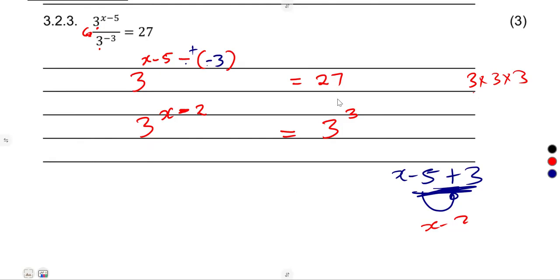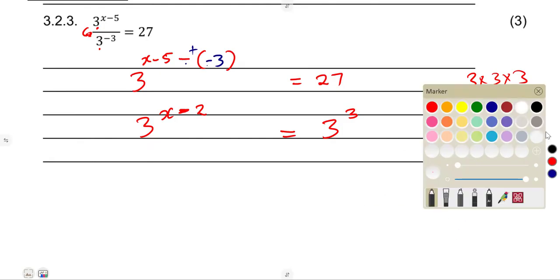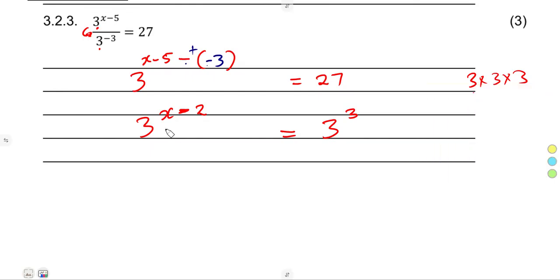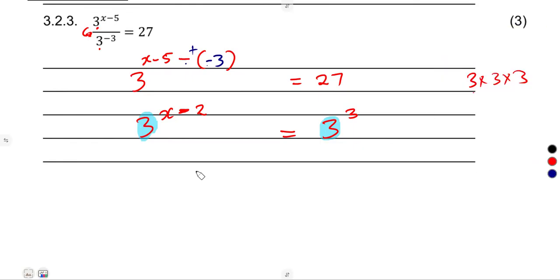We have 27. So we are back to the previous condition, same bases, meaning therefore the exponents will be equal. So we have an equation: x minus 2, the exponent, must be equal to 3. Let's solve for x.